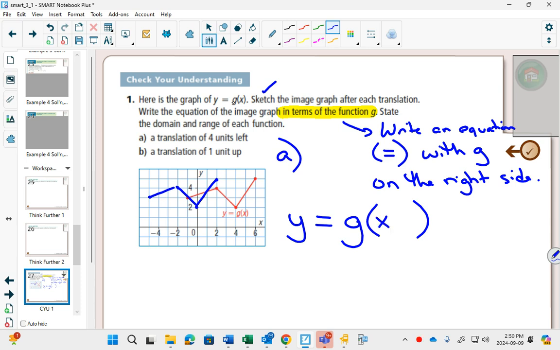X is our liar, so I'm going to have x plus 4. This would be the equation. I have g on the right-hand side, so it is in terms of g. And what they're saying is, I recognize that my new graph is just the old graph moved 4 to the left.